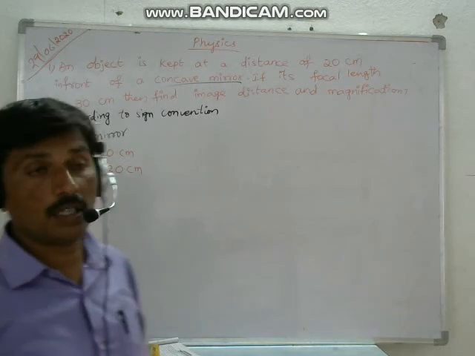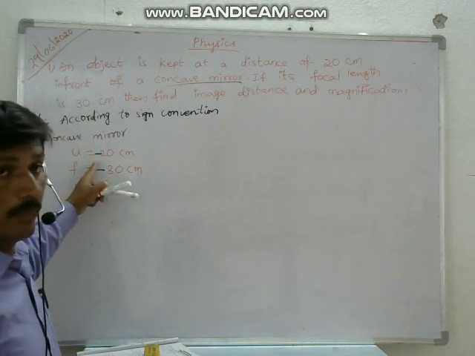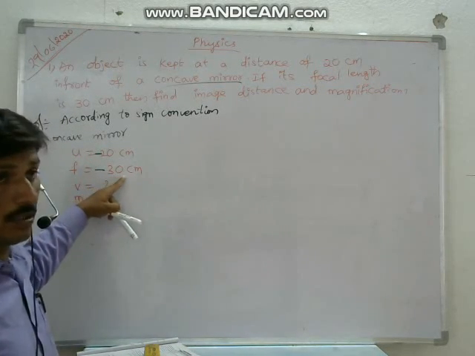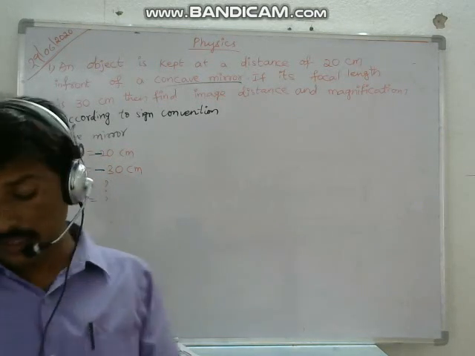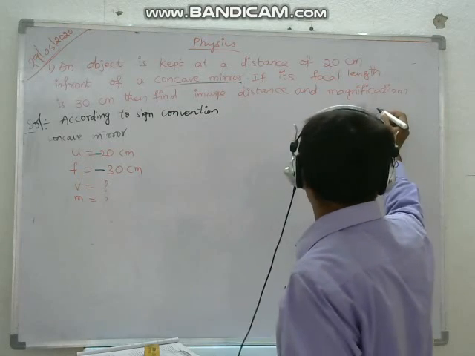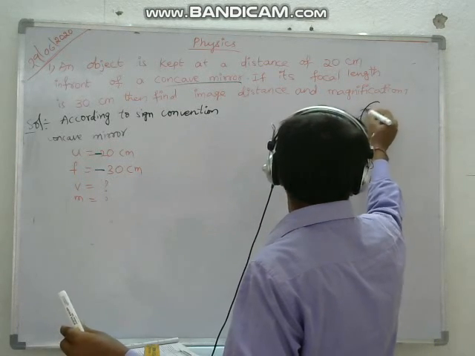See here, in this problem the object is placed before the focus. The focal length is 30 centimeter and the object is placed before focus. If we consider a rough diagram, it is a concave mirror.